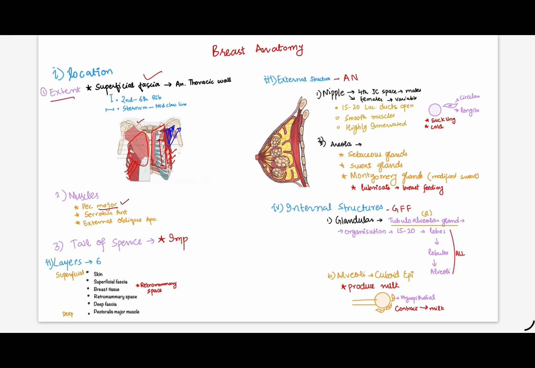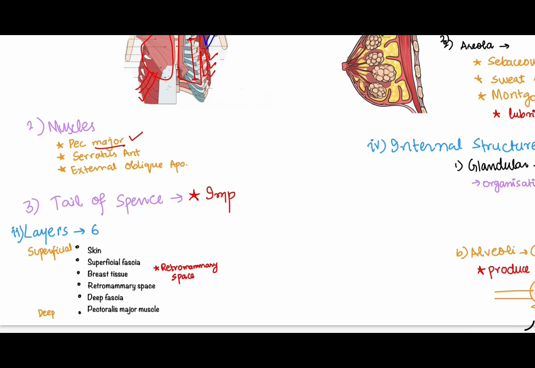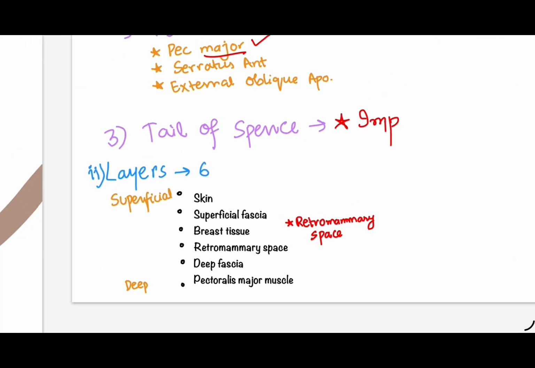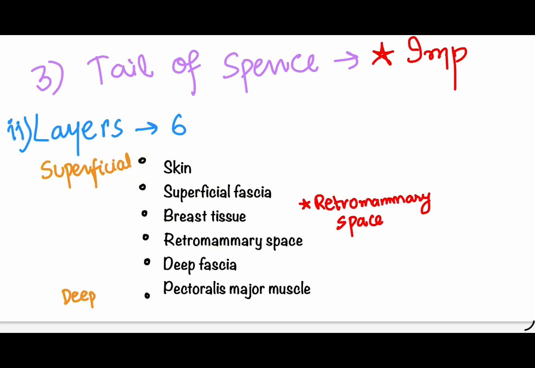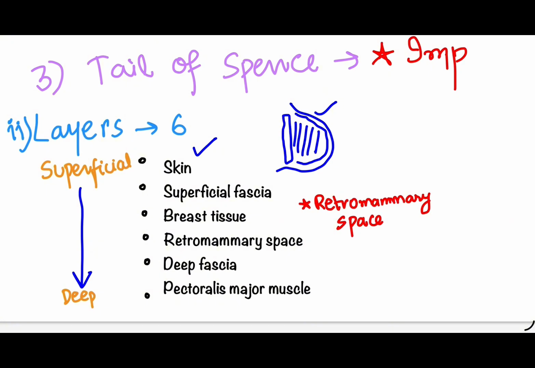Okay, then there are the layers of the breast, and we are going to study from superficial to deep. From superficial there is skin, obviously, like this. This is skin, and beneath it there is some superficial fascia. Then there is going to be the breast tissue. Then there is a space called the retromammary space, and then there is deep fascia, and then what is it?